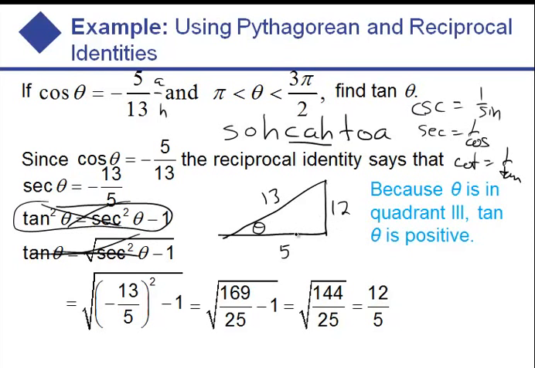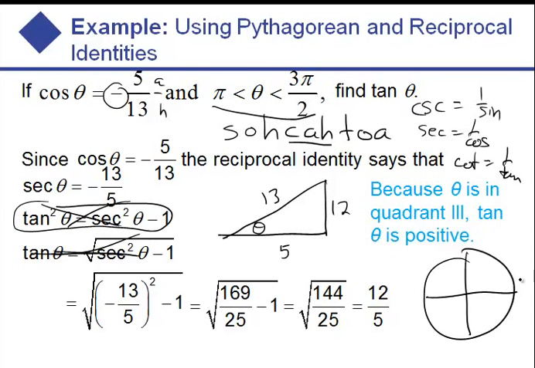All you have to worry about at this point is which ones are negative and which ones are positive, because they tell you that theta is between 0 and 3 pi over 2. So here's 0, here's 3 pi over 2. Theta is down in here.